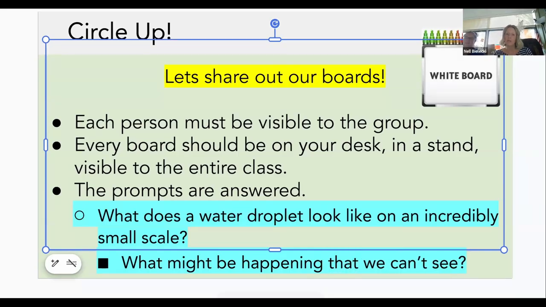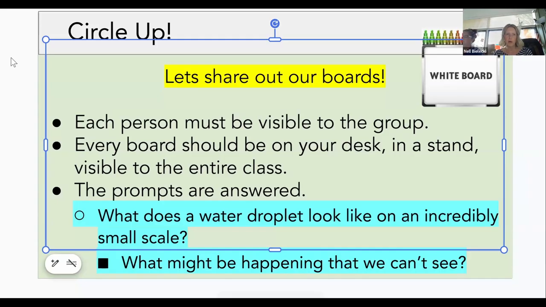Now, we are going to share out our boards, and I actually have a particular order in which I would like to share them. Maybe you have one representative who would kindly tell us your thinking behind your drawings, your representation, and what different things mean.